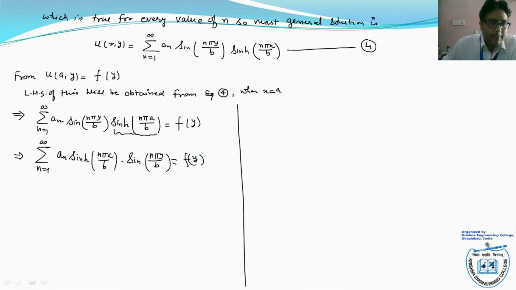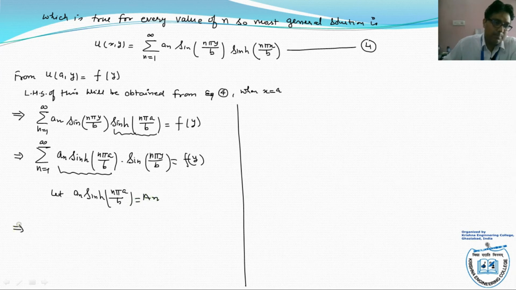Clear? This whole term is constant, so let us take it to be, let an sine hyperbolic n pi a by b is equal to an. So this becomes summation n is equal to 1 to infinity an sine n pi y by b is equal to f(y).